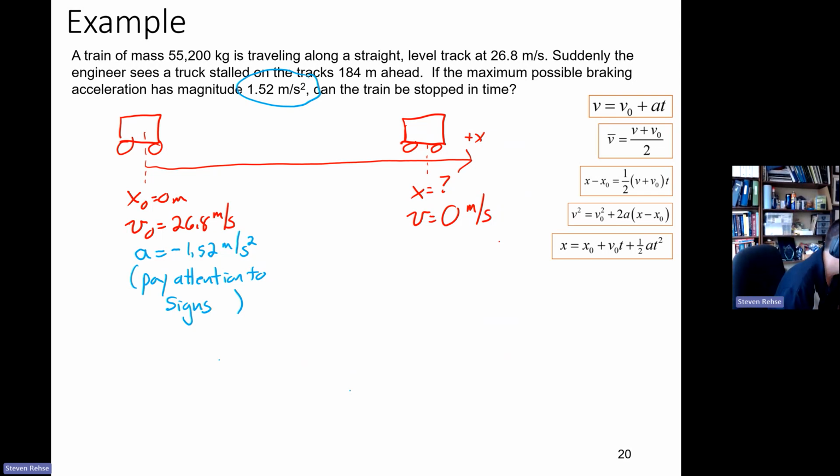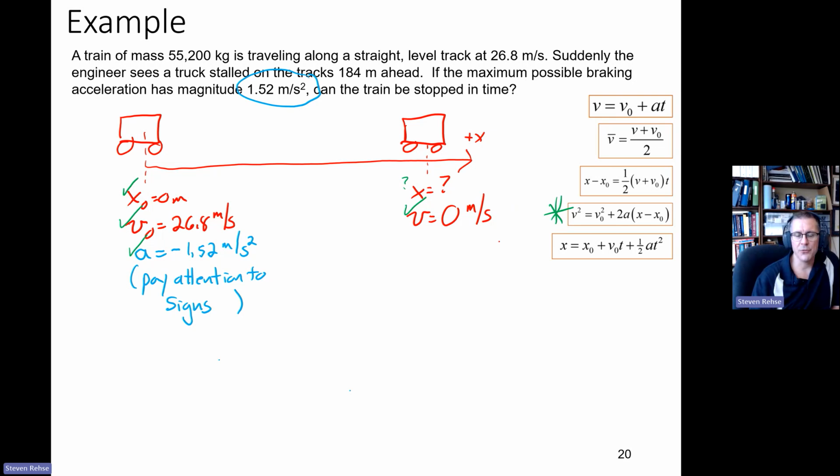Okay, we have it. So what we know, if I try to do a little survey of this, is it looks like we know x naught, and we'd like to know x. We know v, we know v naught, and we know a. And now you can look at the equations, and do we have any equations that have all those variables in there? We do. We have this one right here.